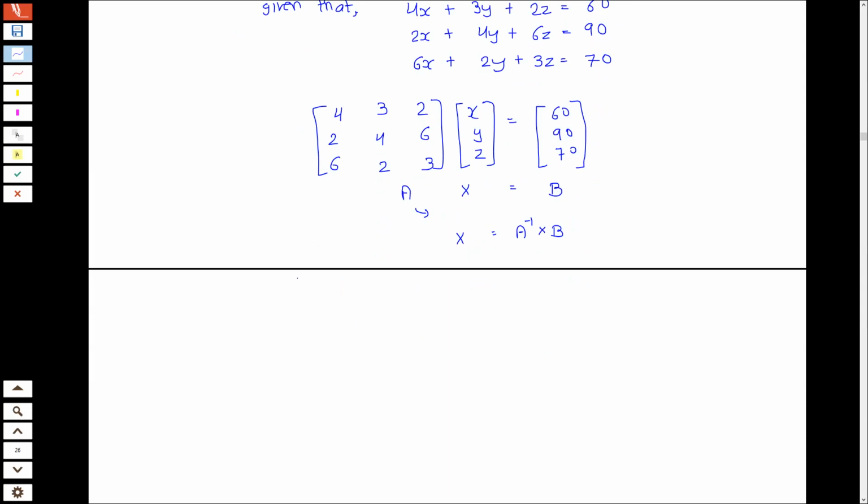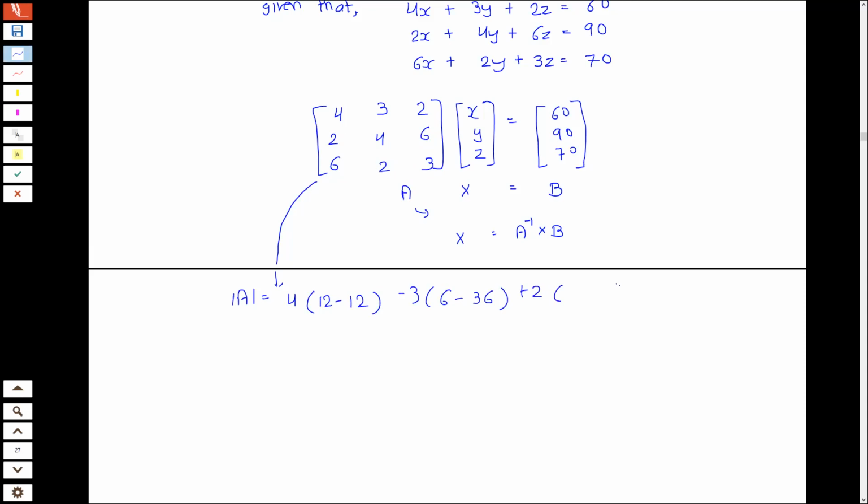So here, our first step will be to find whether it is a singular matrix or not. So I will write 4 into something. 4 3s are 12. 6 2s are 12. बीच में minus sign. Minus 3 into something. 2 3s are 6. 6 6s are 36.